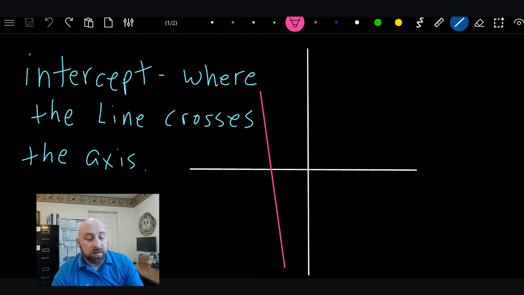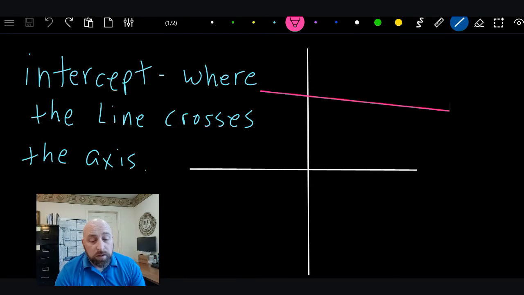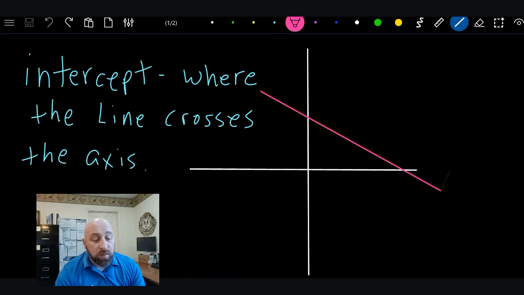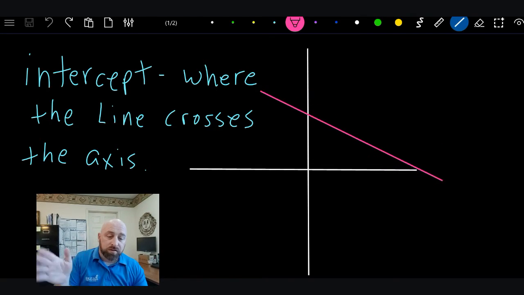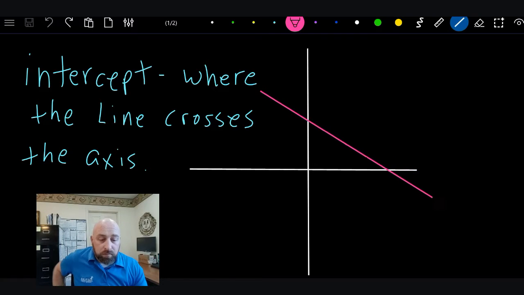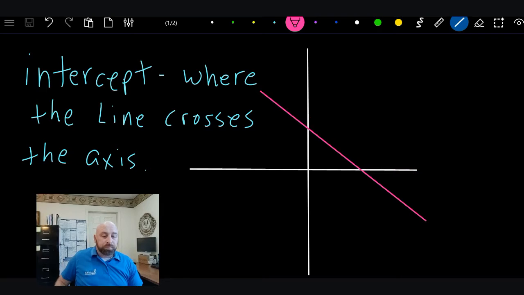So if it's here, it will cross at some point. If it's straight, it won't. If it's parallel to the x or perpendicular to the y, it will only cross one. But everywhere else, it will cross at some point. Remember, these go indefinitely in all directions, forever. All right.